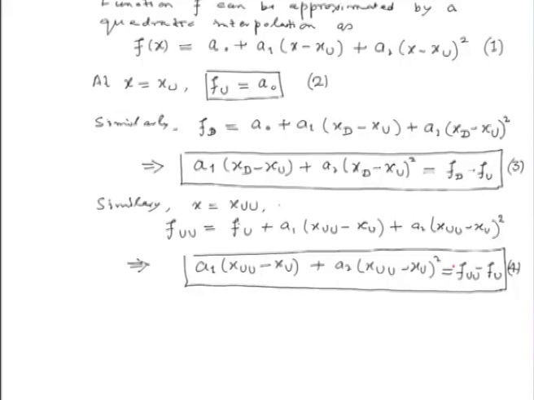So now we have two equations, 3 and 4, in terms of the two unknown coefficients a1 and a2. It's a very simple linear system and you can easily solve it, so I am going to leave that as an exercise. For instance, you can use Cramer's rule to solve this system.